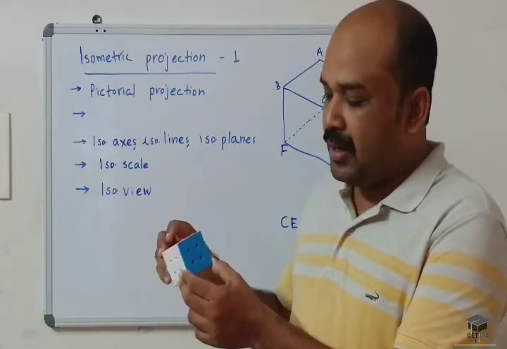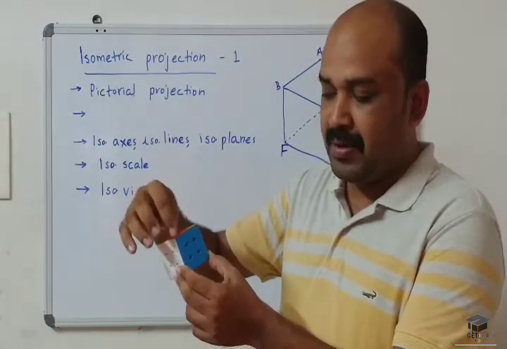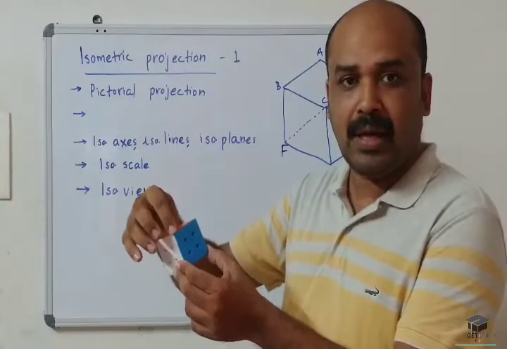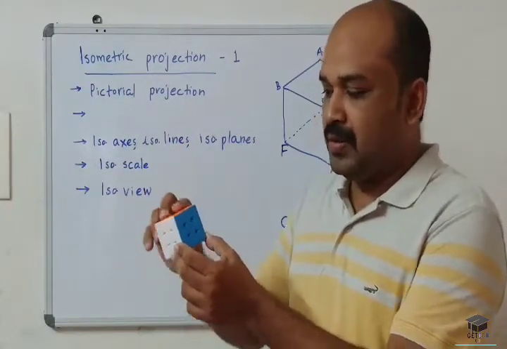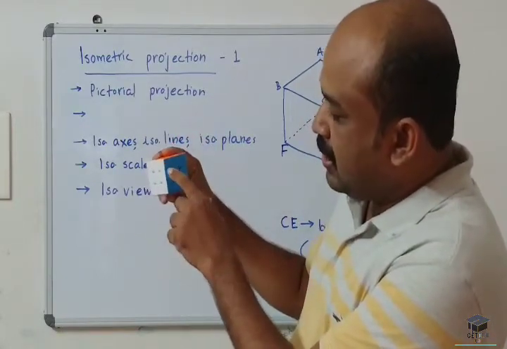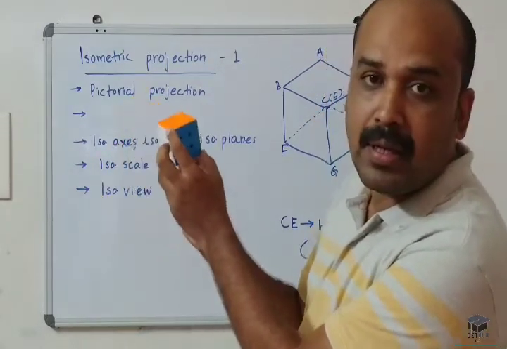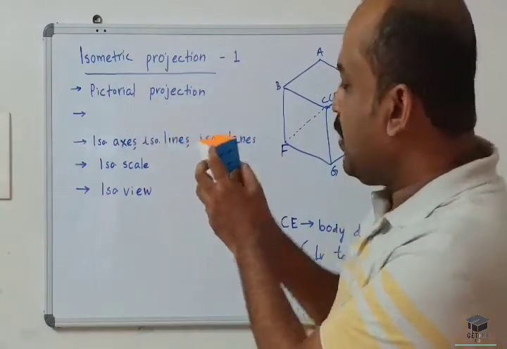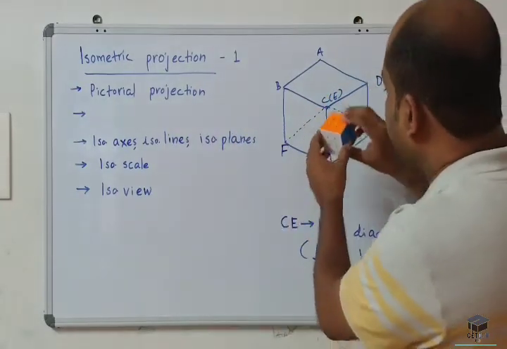It is a diagonal connecting a corner of the top face and the opposite corner in the bottom face. So if you consider this cube, the body diagonal is the diagonal connecting this point and this point.